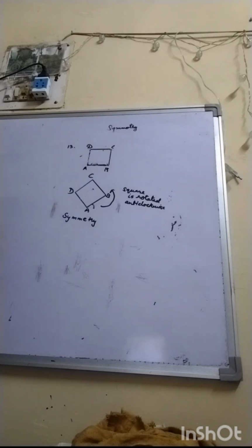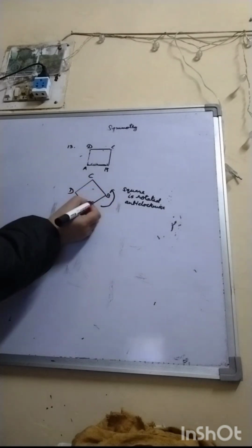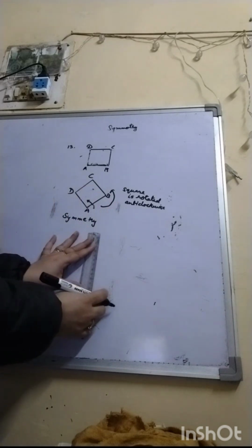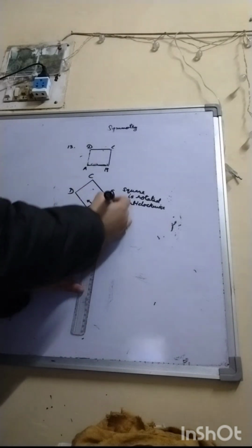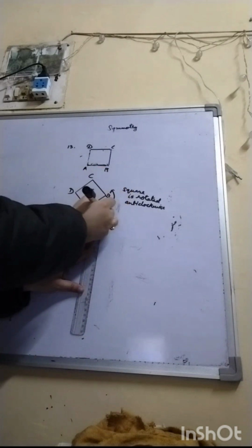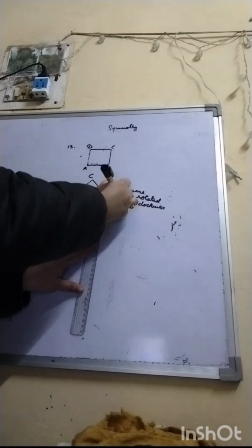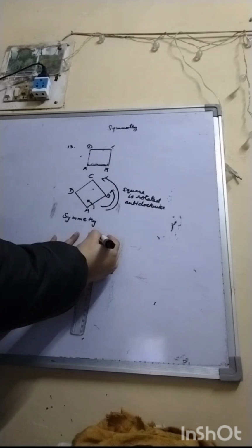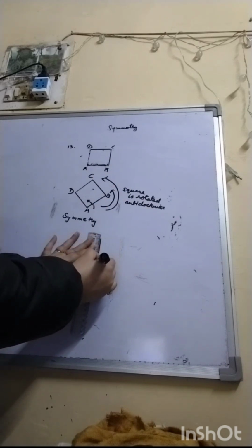When would this figure become exactly like the first? If I rotate AB further and make it a further rotation, so let me make the rotation first.